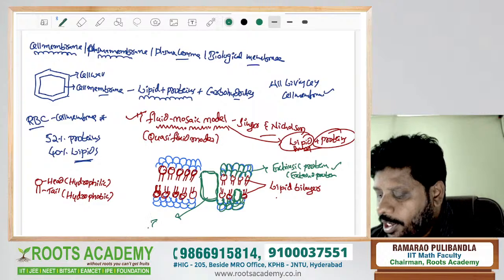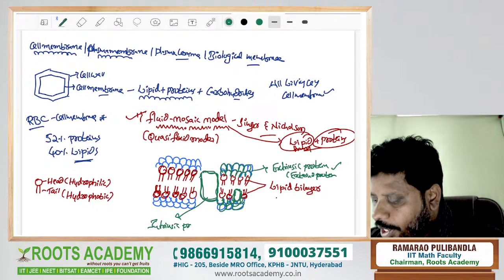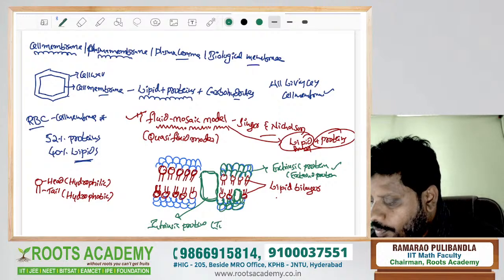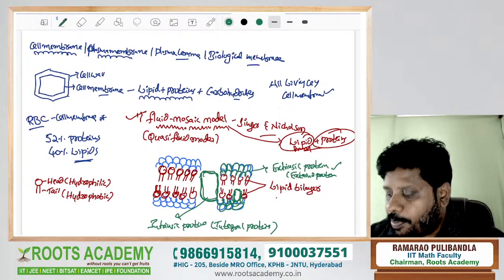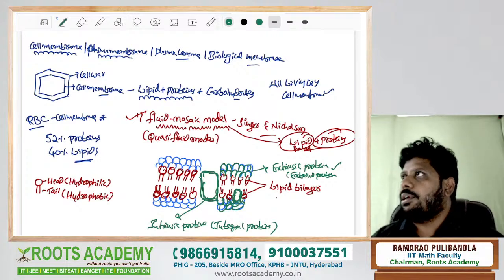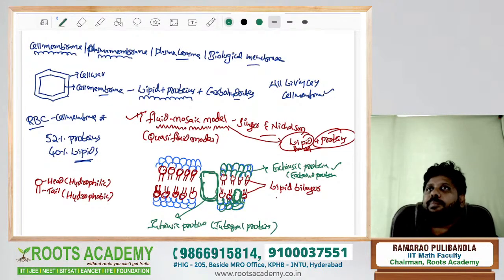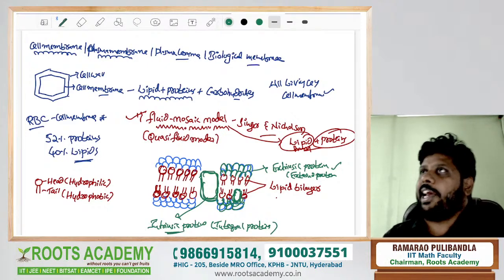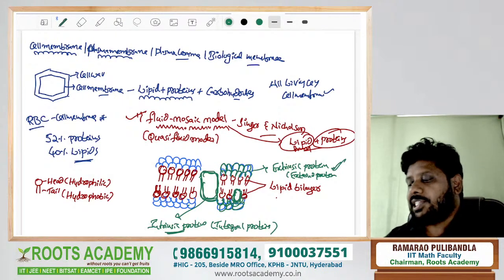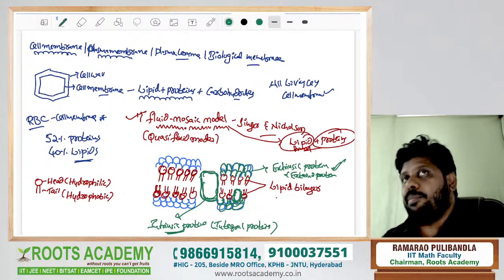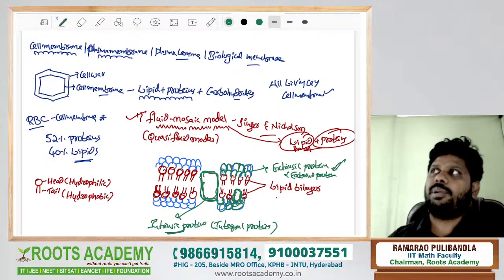They are called intrinsic proteins, otherwise known as integral proteins. Some proteins are completely embedded from top to bottom, and this one is partial. Some proteins are either completely embedded in the lipid bilayer or partially embedded in the lipid bilayer, those are called intrinsic proteins. So proteins are of two types, extrinsic and intrinsic. Extrinsic proteins are present on both sides of the lipid bilayer, and intrinsic proteins are present along with the lipid bilayer, either completely or partially embedded.